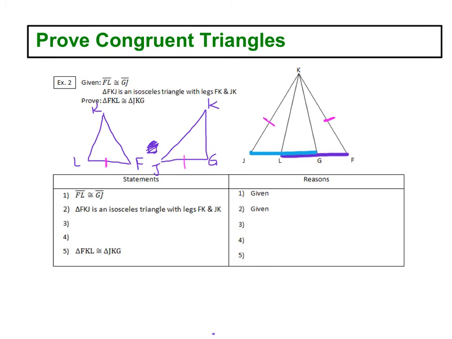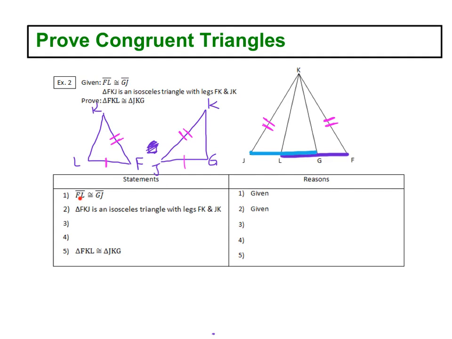And if we look at those in our separate triangles, actually let me put 2 marks on those. Here is FK and here is JK. Alright, so we have 2 pairs of congruent sides so far, and we'll work through the proof and see what else we can get to have congruent triangles.